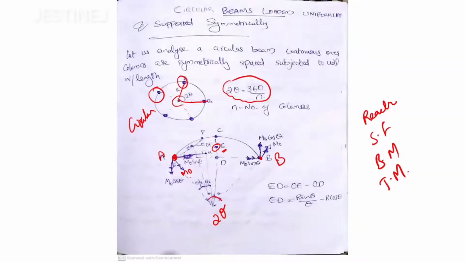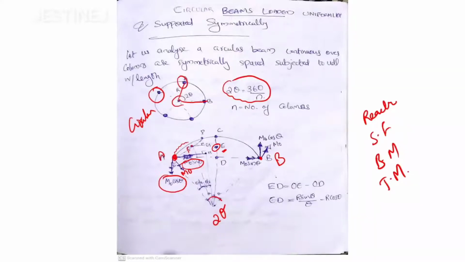If you split the components or the vector directions, you can take M0 cos theta in this direction and M0 sin theta in this direction. Then if you are just considering this small portion only, this load is going to act at this point, let us take this point to be F.